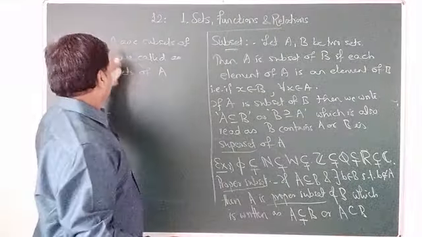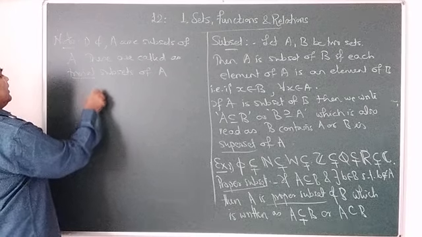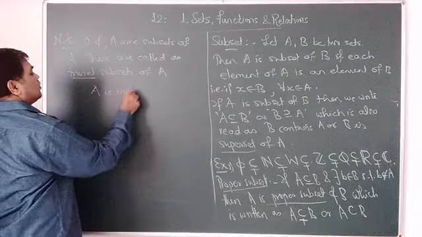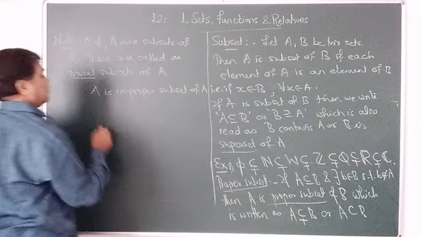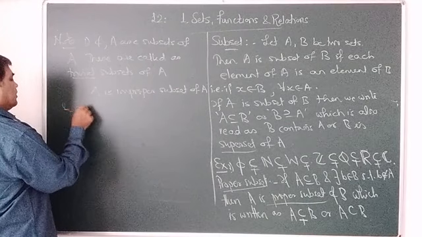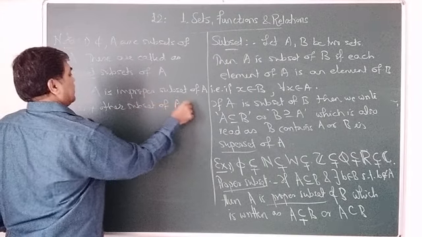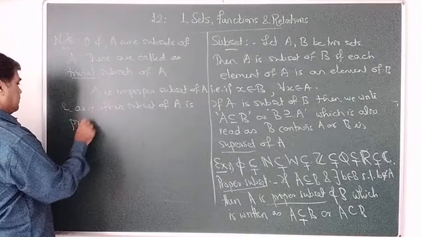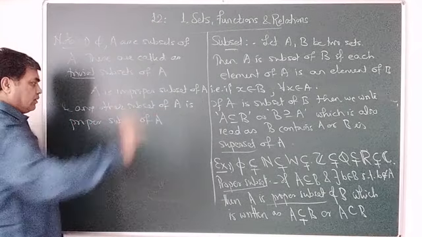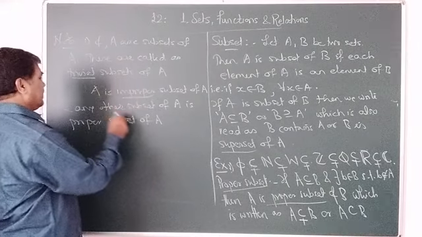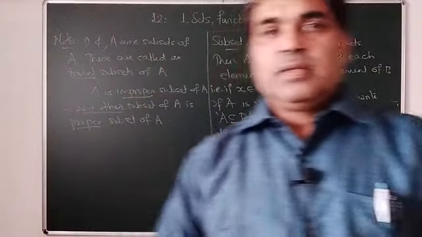A is an improper subset of A, and any other subset of A is a proper subset of A. Empty set is also a proper subset of A. Okay. A is improper and any other is a proper subset of A. This is the concept of subset.